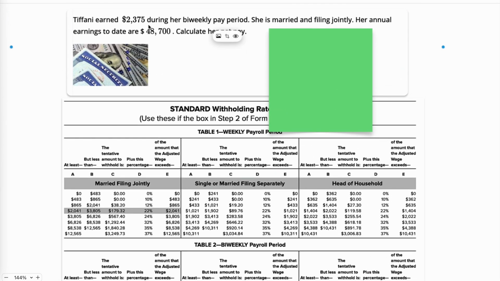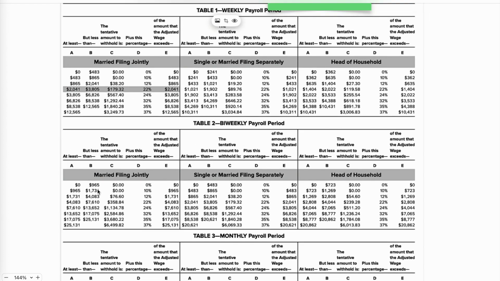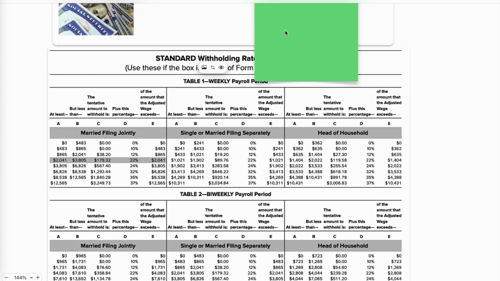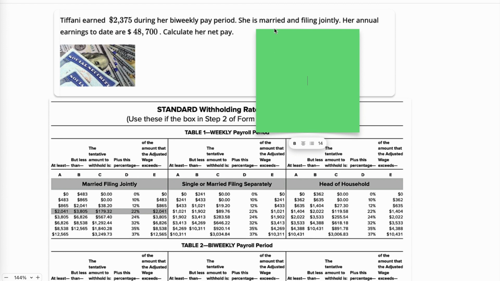So when we look at her amount for her paycheck, we have $2,375. So we're going to look for where that falls. So that's going to fall right in here. So we're going to find that our constant amount that we're going to take out of our paycheck is $76.60. So let me write that down here. $76.60.